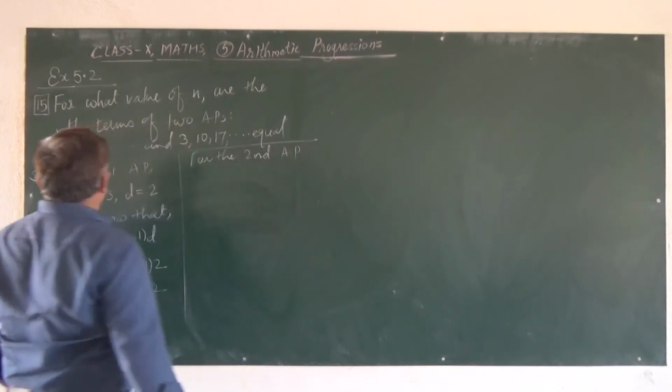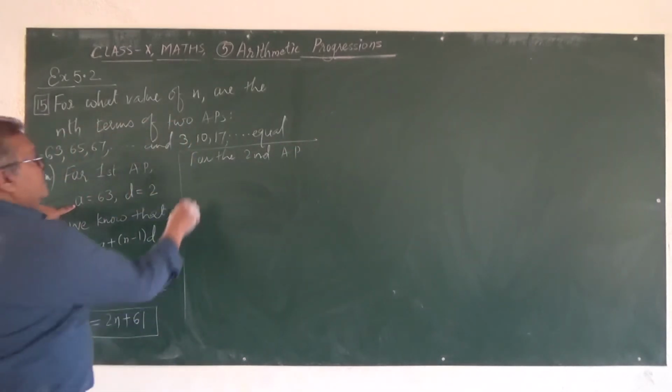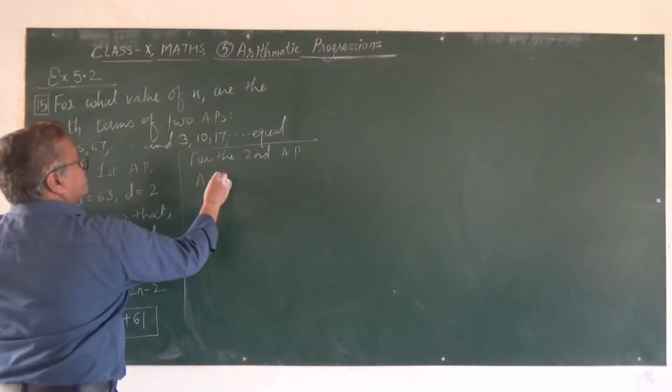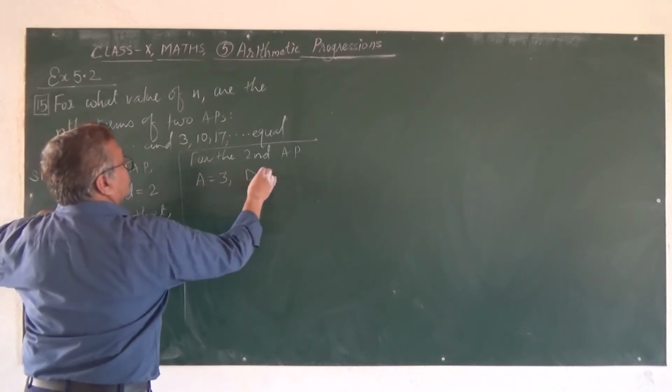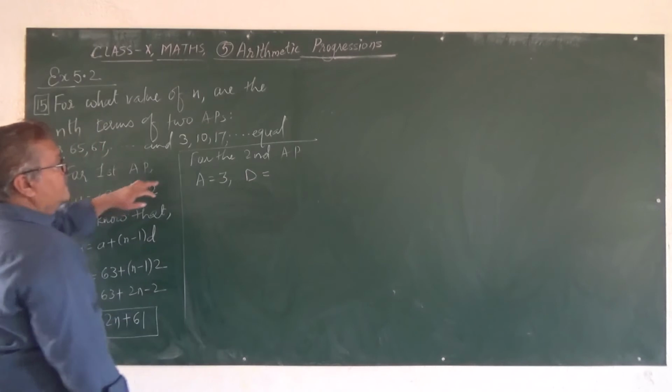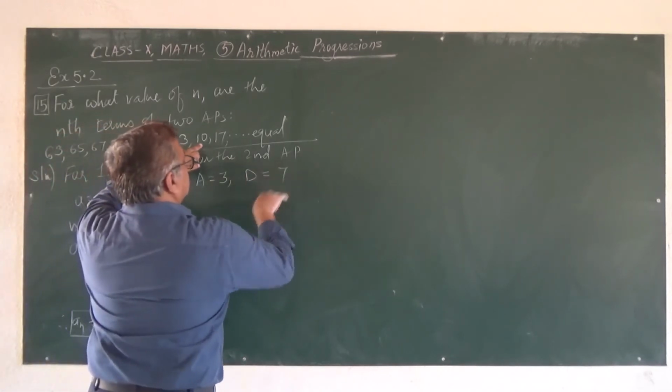For the second AP, we will use capital letters. Capital A, the first term, is 3. Capital D, the common difference, is 10 minus 3, which is 7.